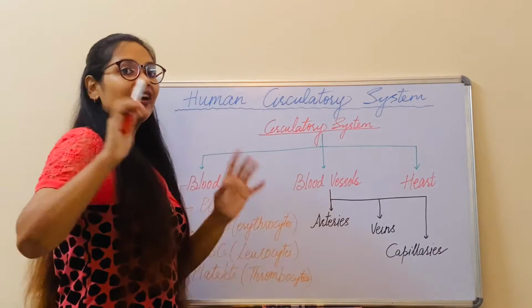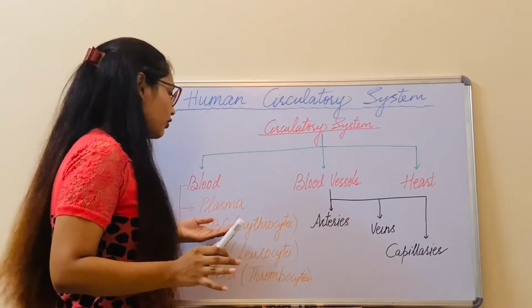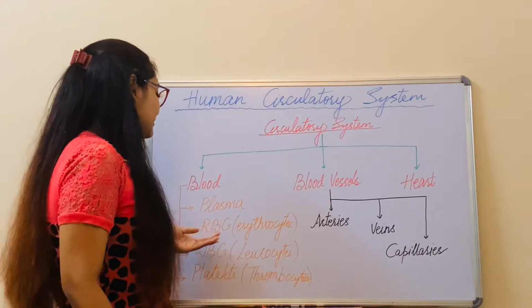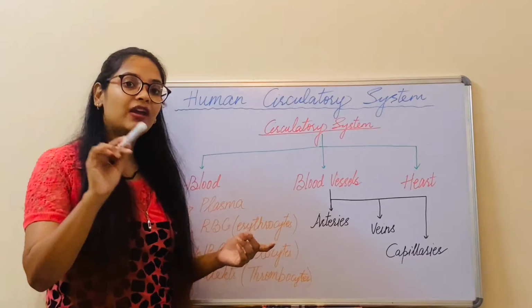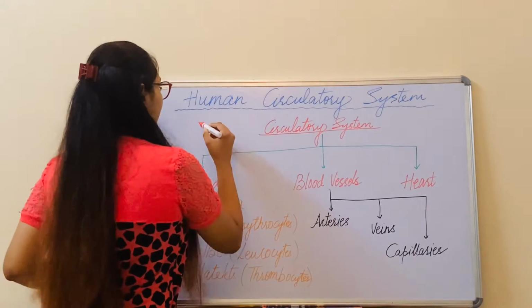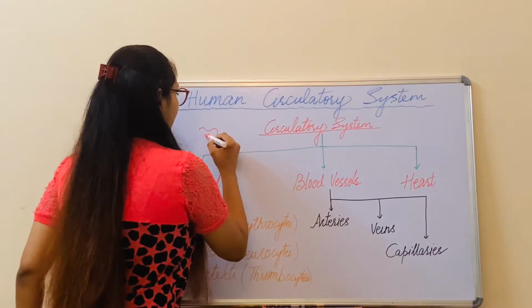Okay, so the largest number is of that of RBCs. Now RBCs, erythrocytes, are biconcave. They have a structure like this from the side.